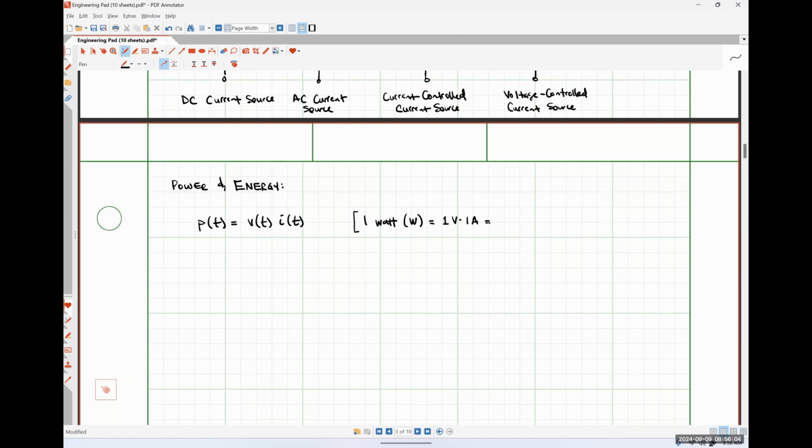We also know that power is related to energy. So that's going to be 1 joule per second. Let me move this unit thing over so I can go ahead and give you the relationship with respect to energy as well. So power is the derivative of energy with respect to time.